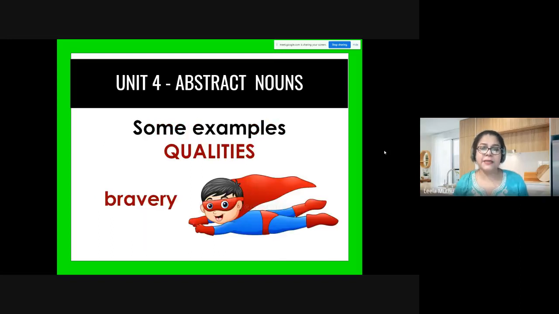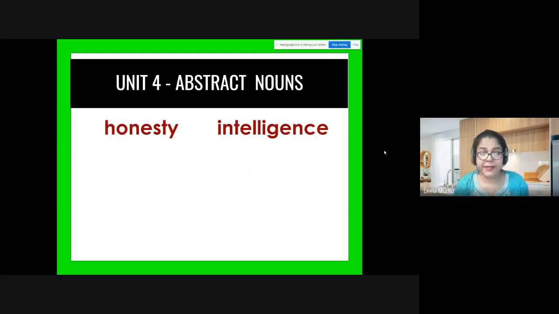Then some other examples are qualities in a person, like the bravery of superheroes, Spider-Man, Batman, Superman, the Silver Surfer, and characters like Wolverine. All these are very brave and they have the quality of bravery.